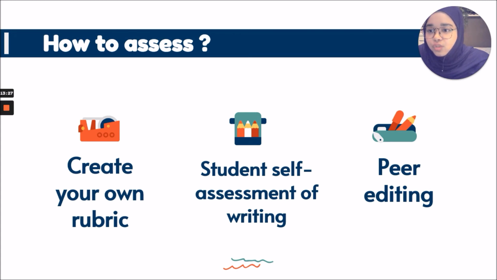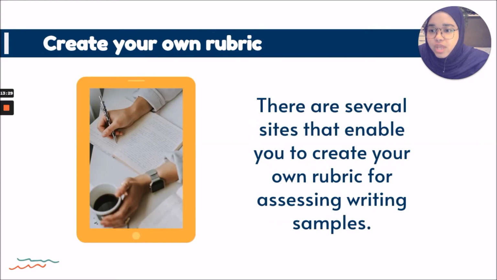Okay, so the first one is create your own rubrics. So there are several sites that enable you to create your own rubrics for assessing writing samples. For example, project-based learning has a create-a-printable-checklist feature that is easy to use. So within a particular category, they can choose items within conventions to include on the rubric.